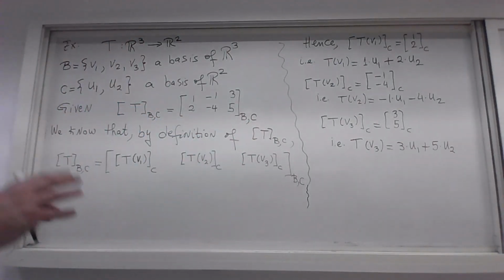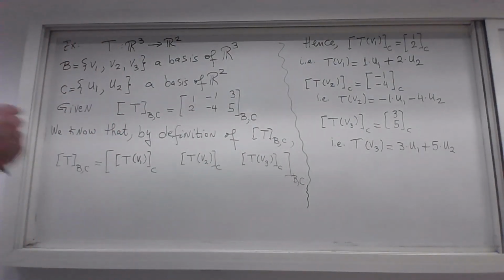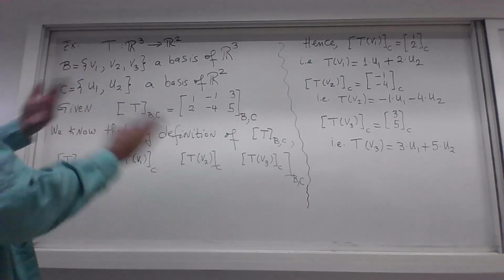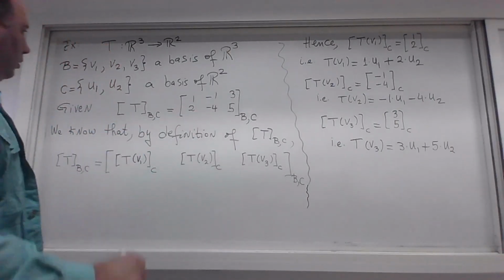What does this mean? We need to be able to read this. Previously we were building these matrices step by step. It was straightforward. But now we are going backwards. Just when I see a representation matrix, what does it mean?